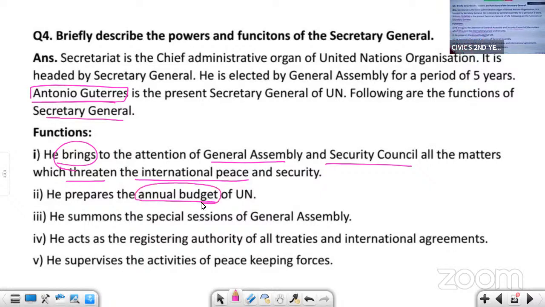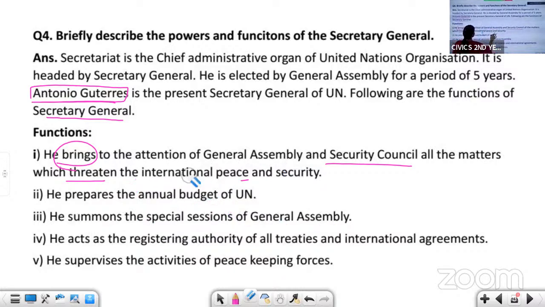If at all a special session has to be conducted, he will summon the special sessions of the General Assembly.